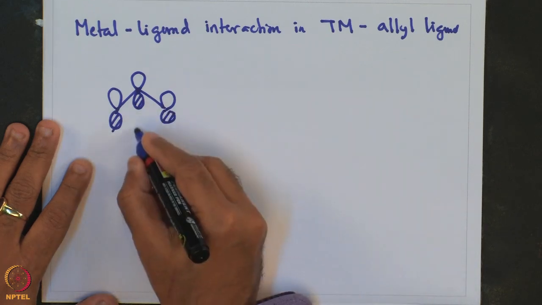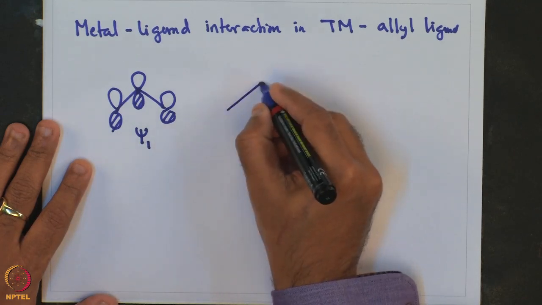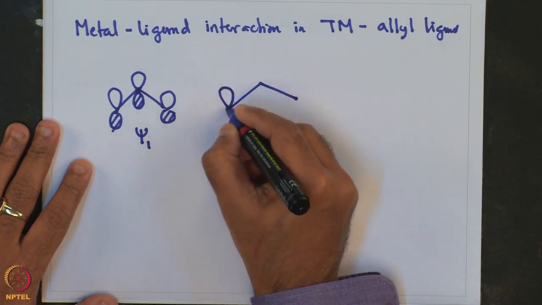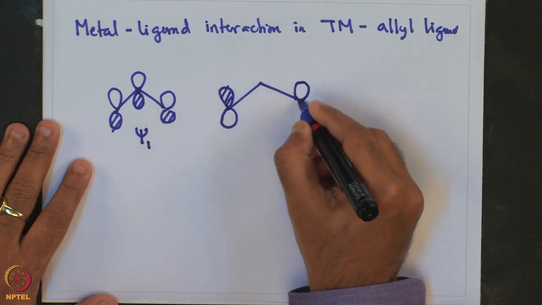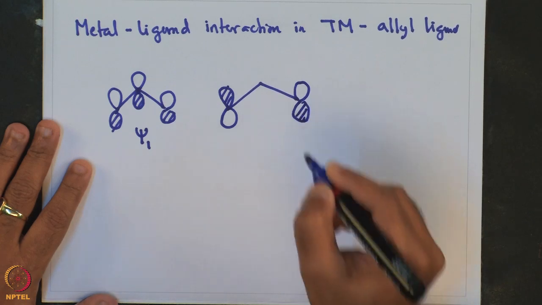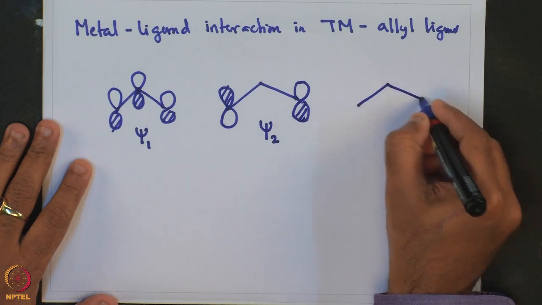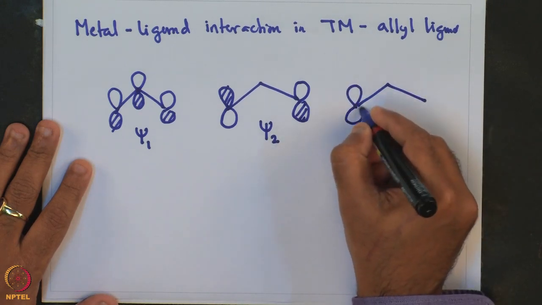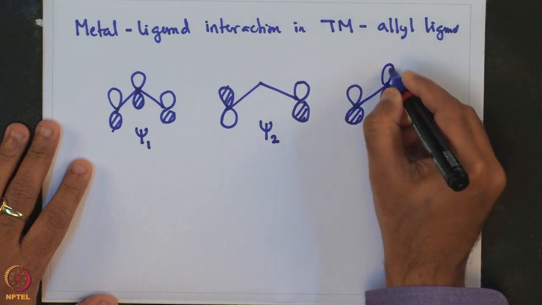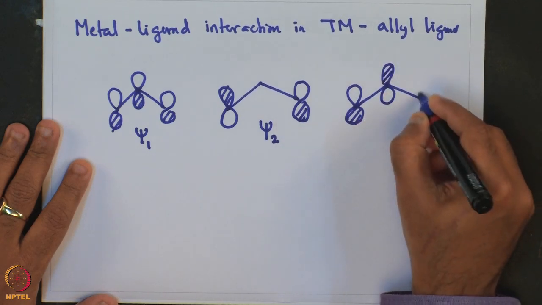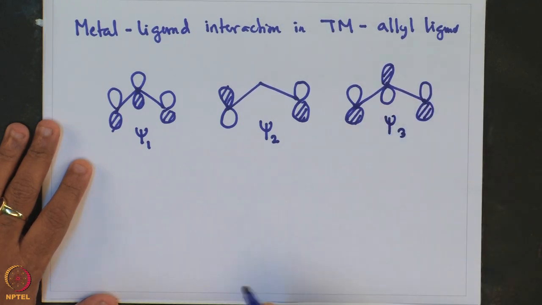This can be thought of as psi 1, psi 2, psi 3.